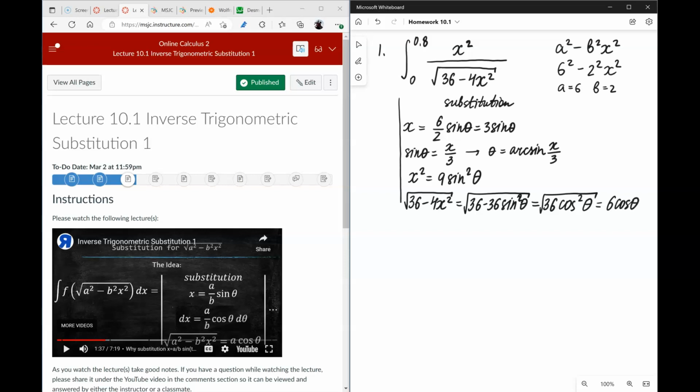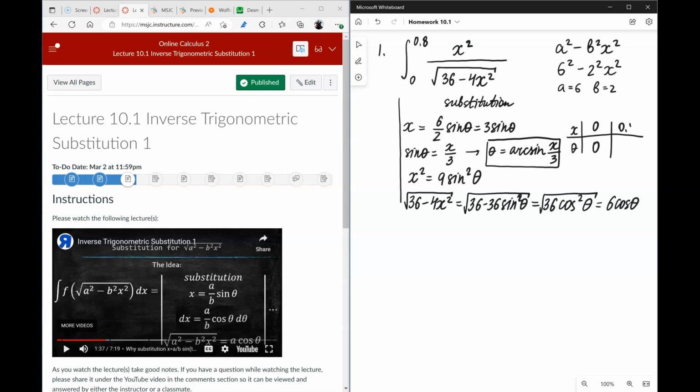Now, because this is a definite integral, we need to change the limits of integration, and to do that we're going to use this formula right here. When x is 0, arc sine of 0 is 0.